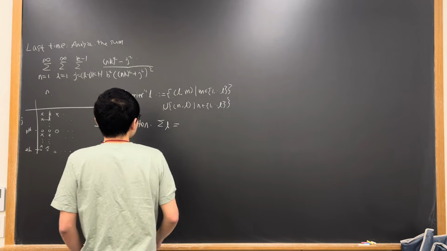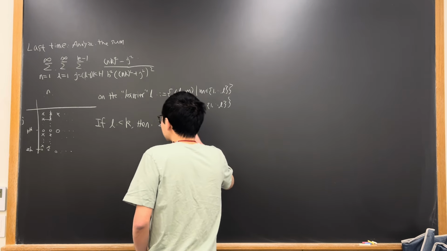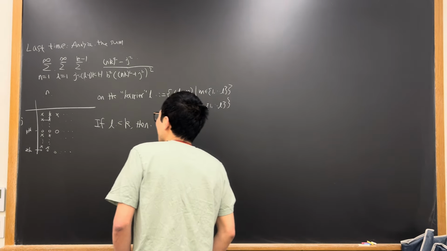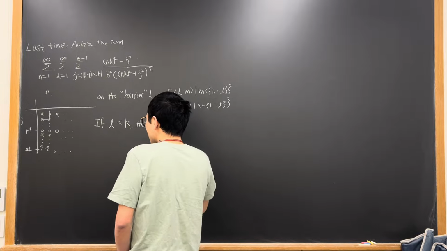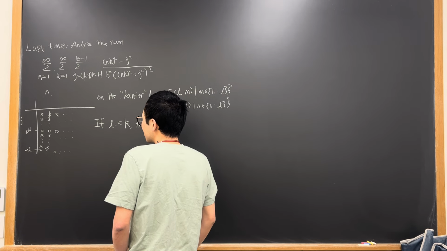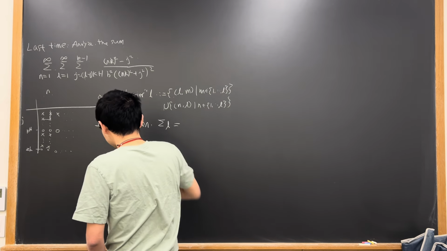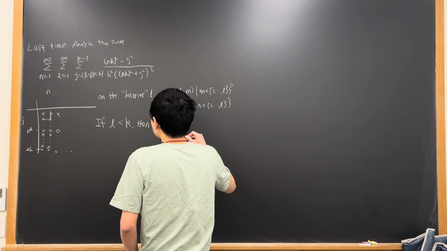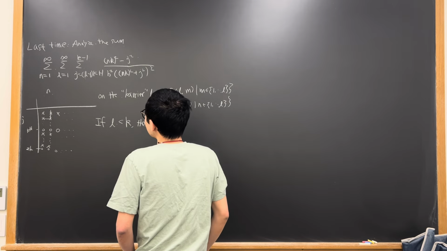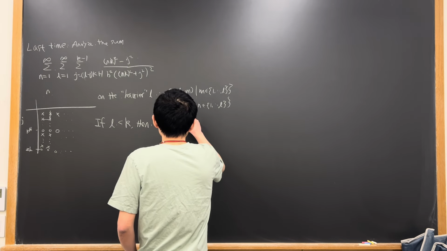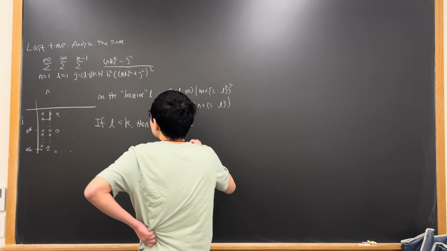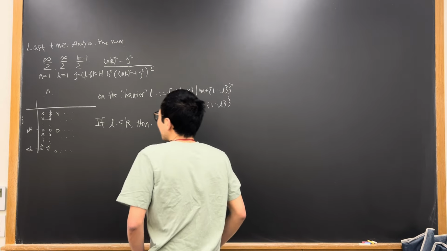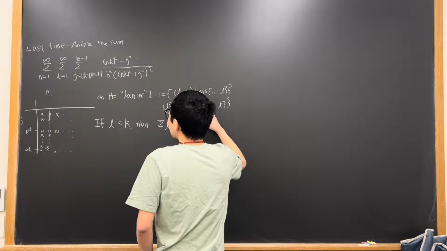We sum over the points on this barrier, so we first sum over the horizontal line, the row in the horizontal direction, where I'm using n as the index. So I have n from 1 to L minus 1.